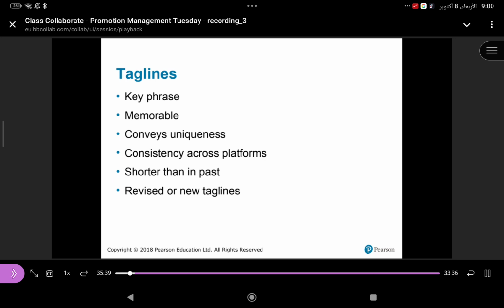Like you have Nike, just do it. KFC, they have some phrase. I'm loving it, like McDonald's. L'Oreal saying because you are worth it. So all these taglines play a very important role.